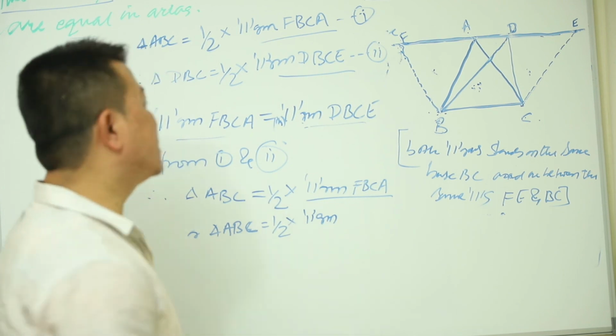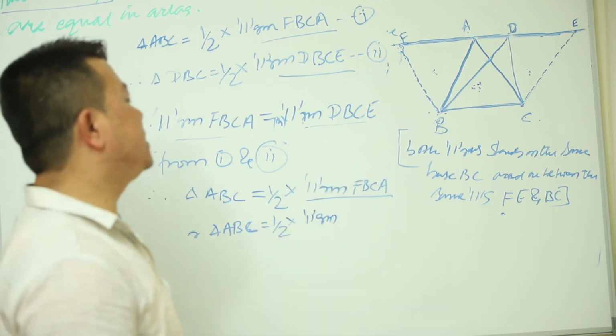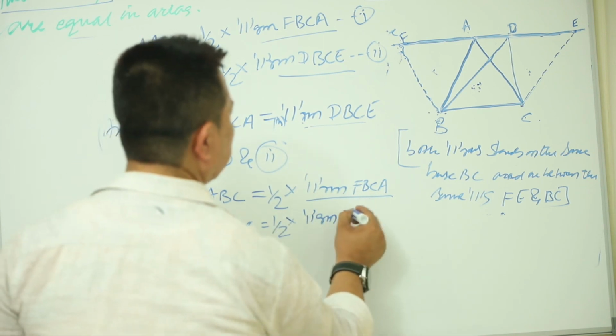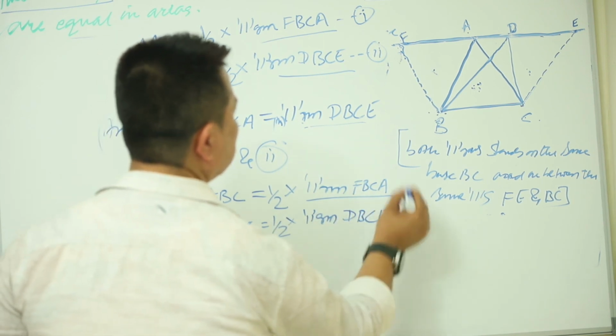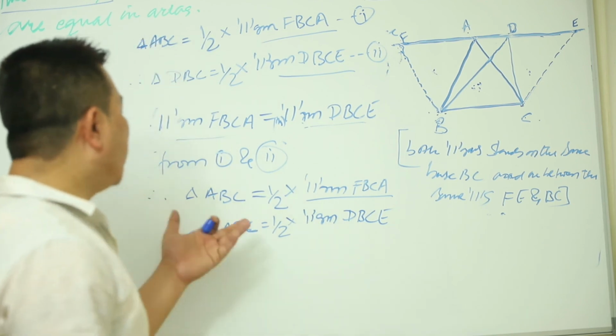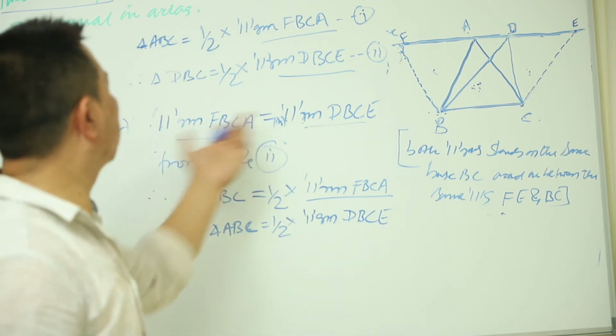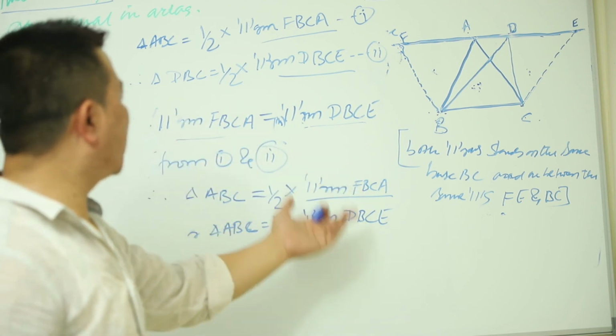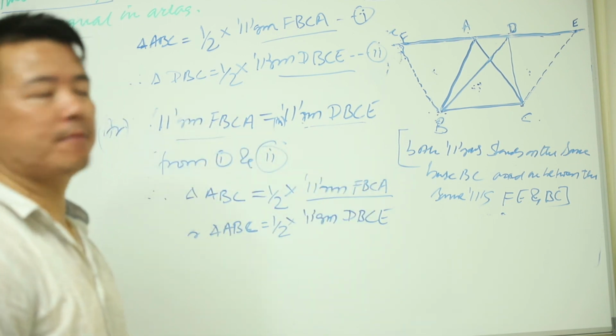Both are the same, their areas are equal. We have already proved it. So in place of FBCA, we can replace it by DBCE.